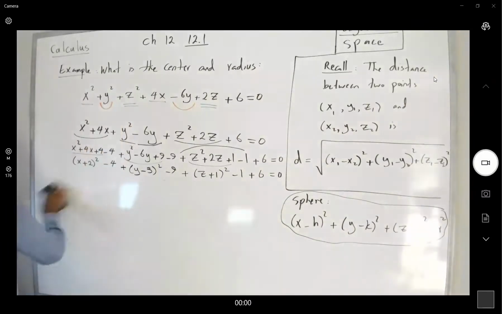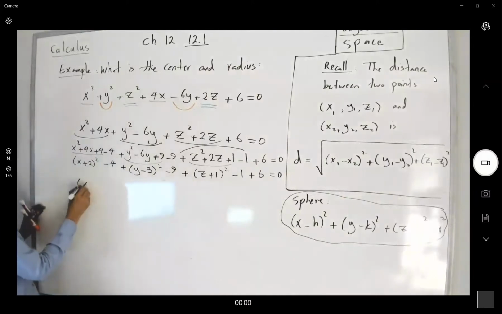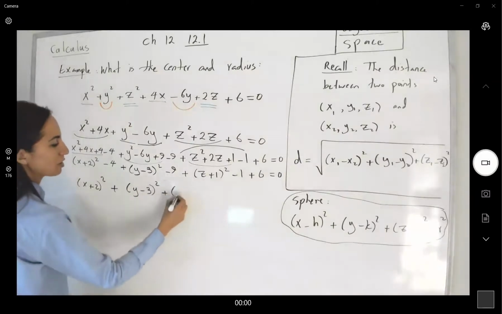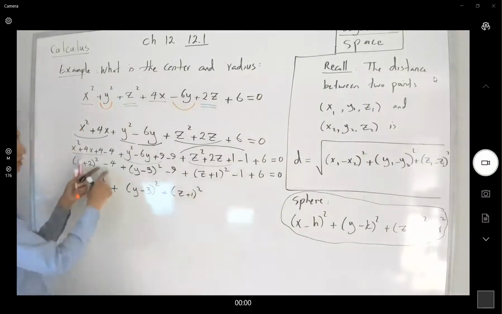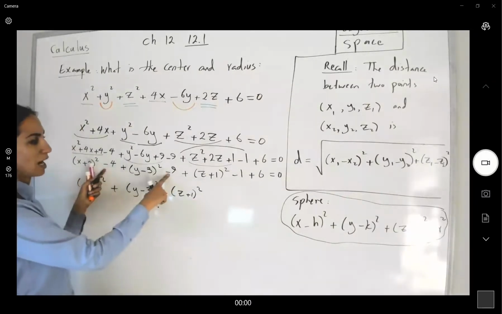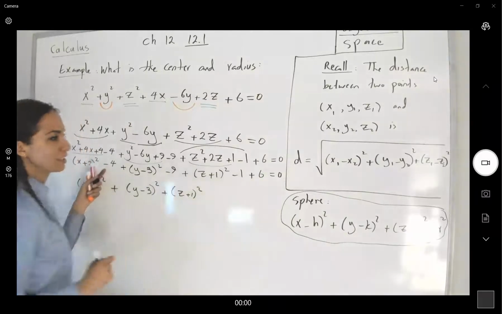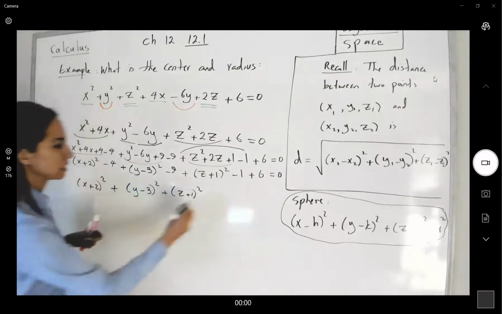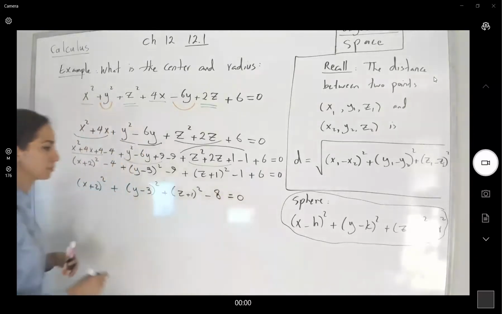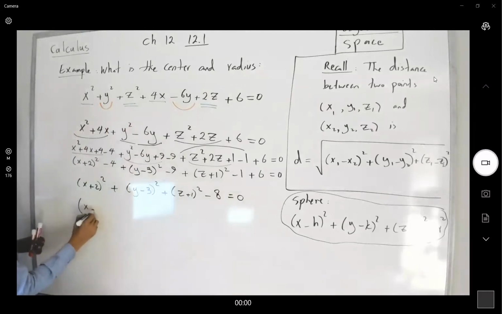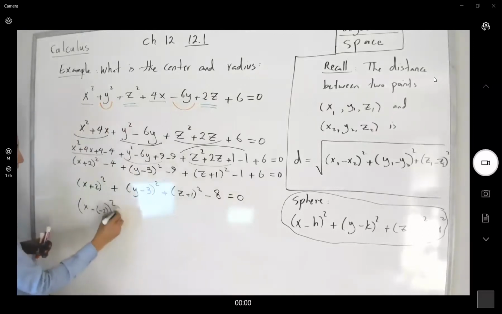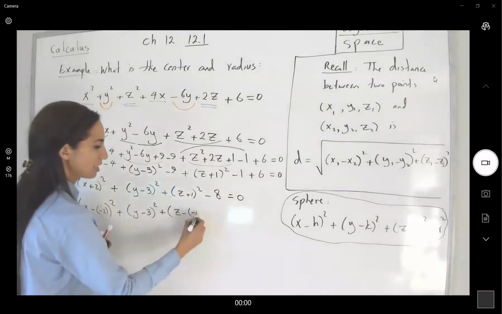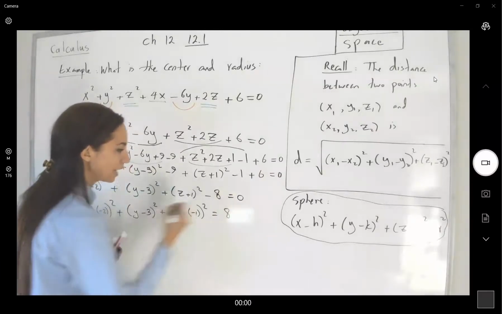So as you can see, we have x plus 2 squared plus y minus 3 squared plus z plus 1 squared. Here you have negative 4, and here you have negative 10 plus 6. So here you have negative 8 equal to 0. We have x plus 2 squared plus y minus 3 squared plus z plus 1 squared equals 8.